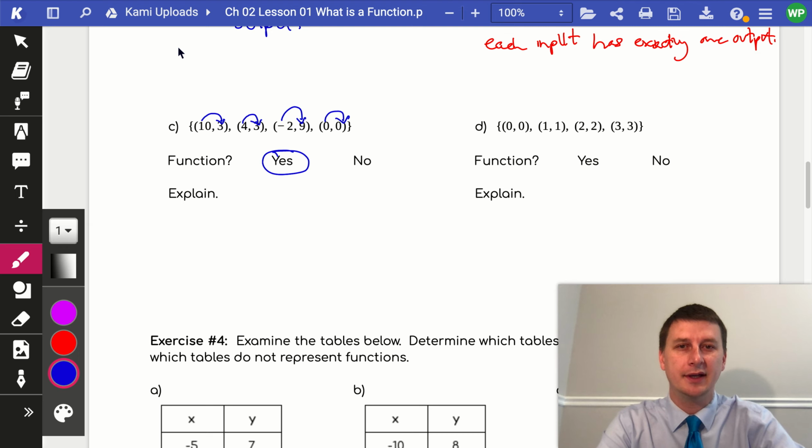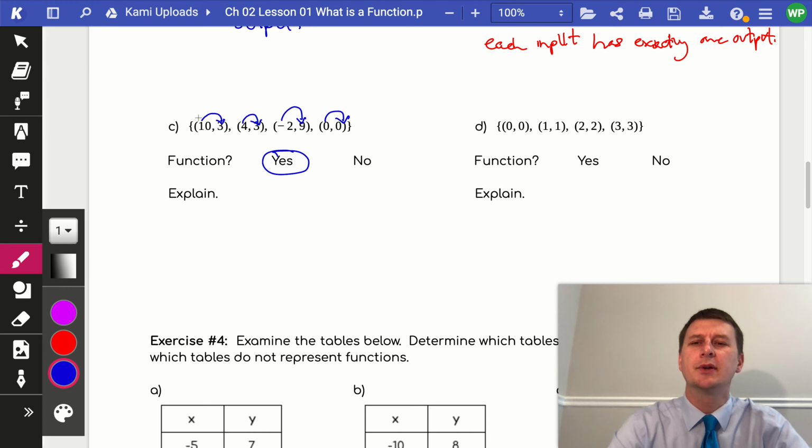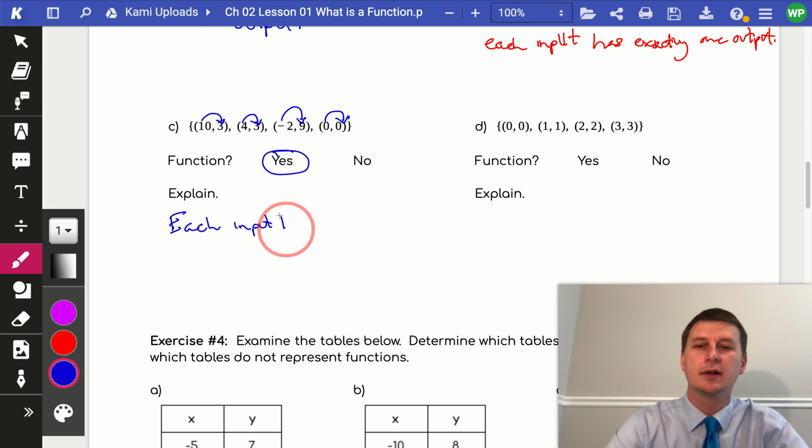Two different inputs could have the same output, but one input cannot have two different outputs. All right, now we know it. That's good. Okay, so now this is a function because each input has exactly one output.